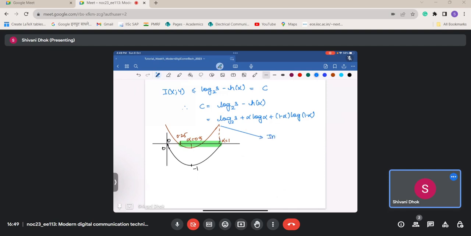So in the allowed region of alpha, that is alpha belonging to 0.25 to 1, C is maximized when alpha equal to 1. As far as I remember, this was a question in GATE 2022 examination. You may check the past year papers for reference.